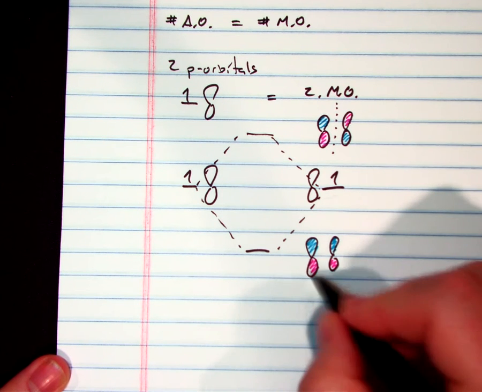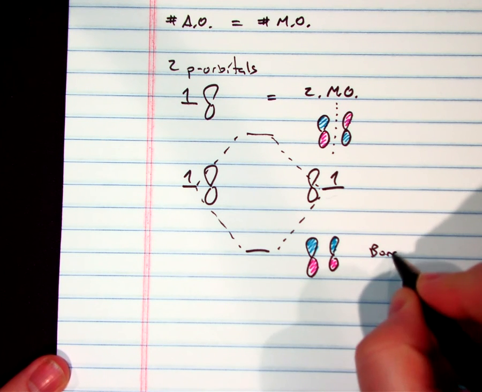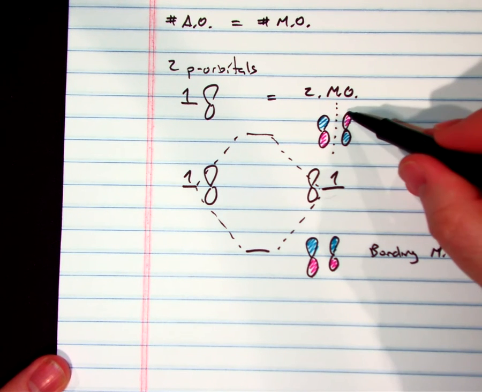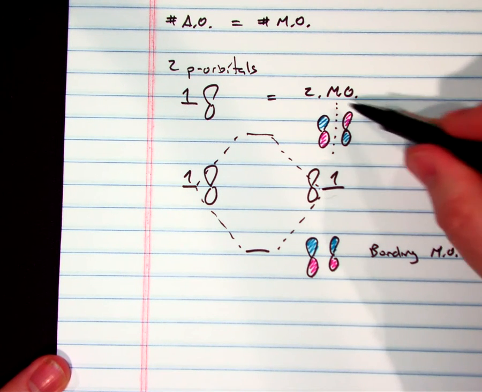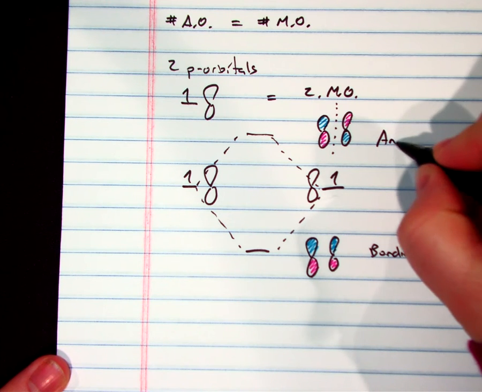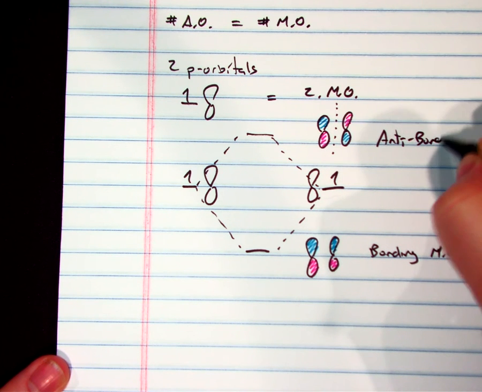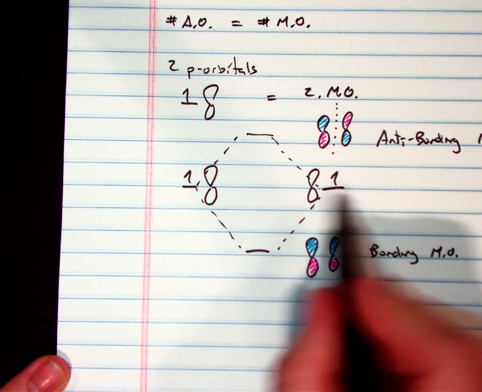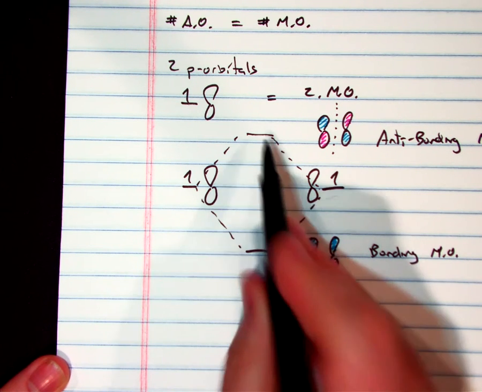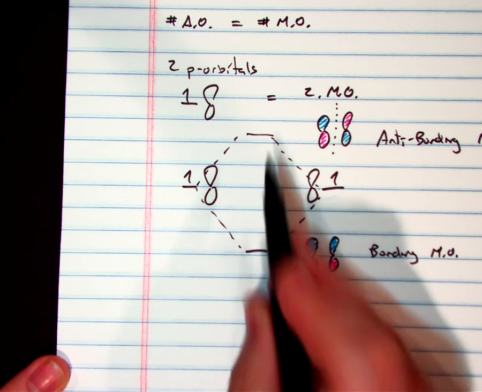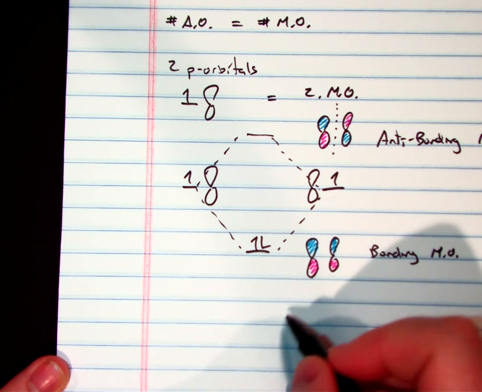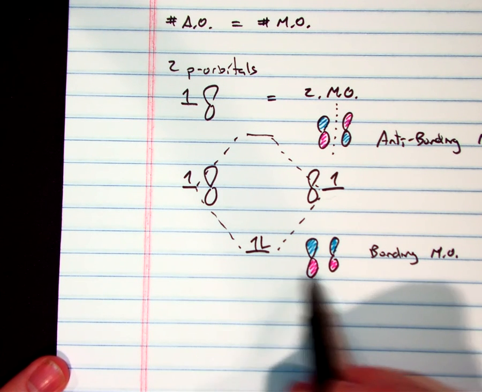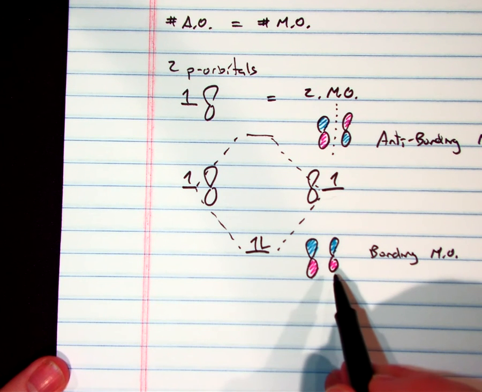So this complementary interaction is going to be a bonding molecular orbital, and this destructive or uncomplementary interaction is going to be called an anti-bonding molecular orbital. Now when we fill these molecular orbitals with electrons, we always go from the lowest to the highest. So we're going to pair up our electrons here. So this tells us, in the case of ethylene, that the electrons are sitting in this bonding molecular orbital.